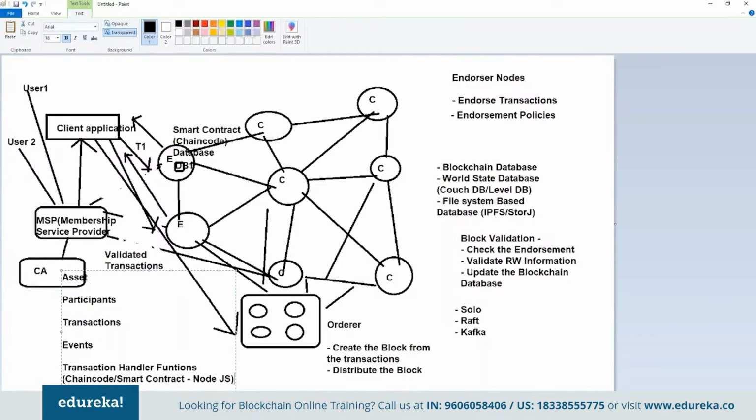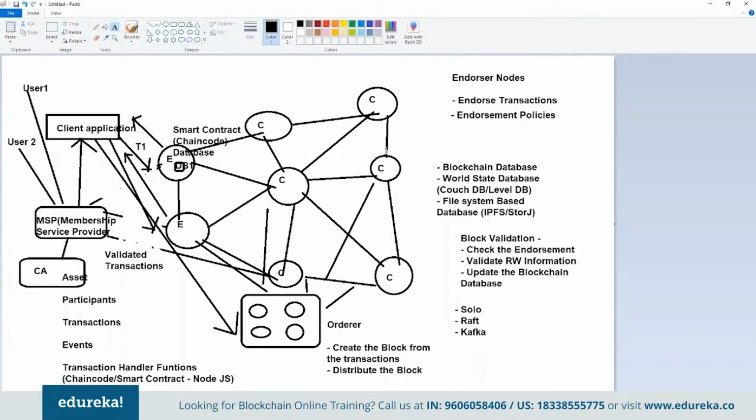But you can also write it in Java, C++, or Python. All those SDKs are available. You just need to plug and play, integrate that SDK, and start using the language you want to implement in your smart contract. So this is basically some basic theoretical concepts of Hyperledger Fabric.